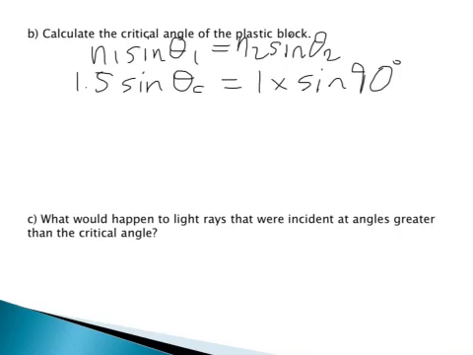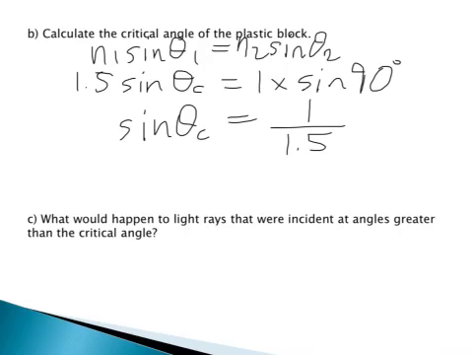So what we can do now is divide the 1.5 away from this side across to this side. So we'll end up with sine theta c equals 1 divided by 1.5.